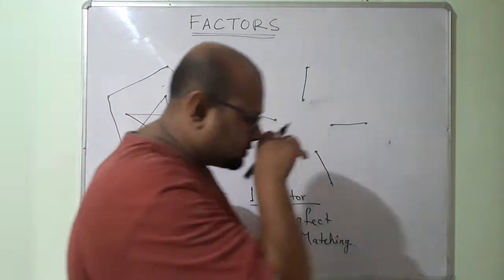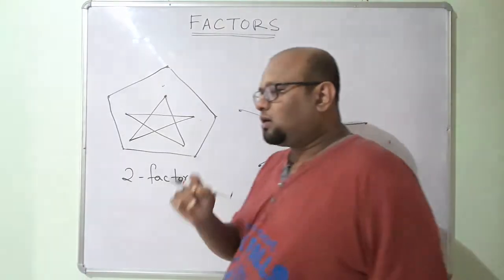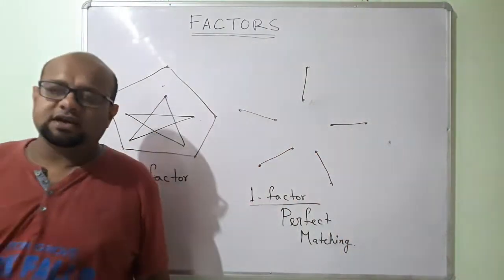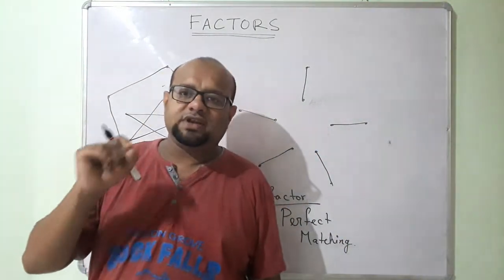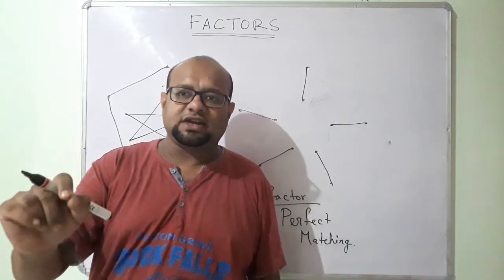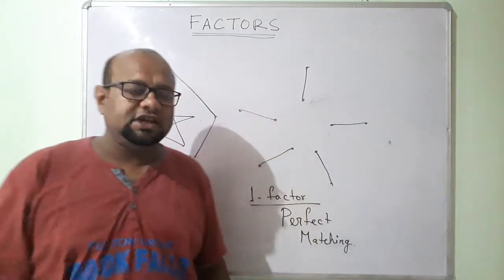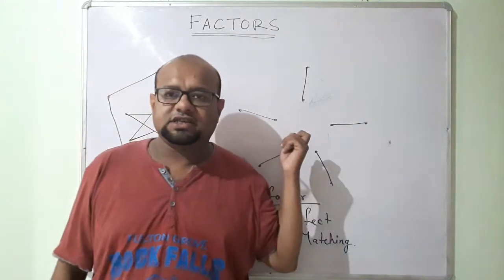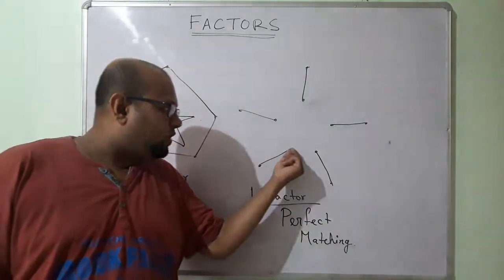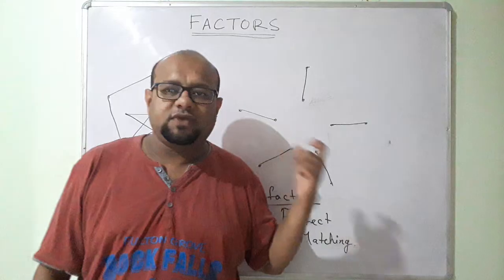So think about it. In a 1 factor, all the original vertices will be there and each vertex will have degree equal to 1. So each vertex will be connected to some other vertex and only to one other vertex, because degree is equal to 1 for each vertex. So one vertex will not be connected to two different vertices.